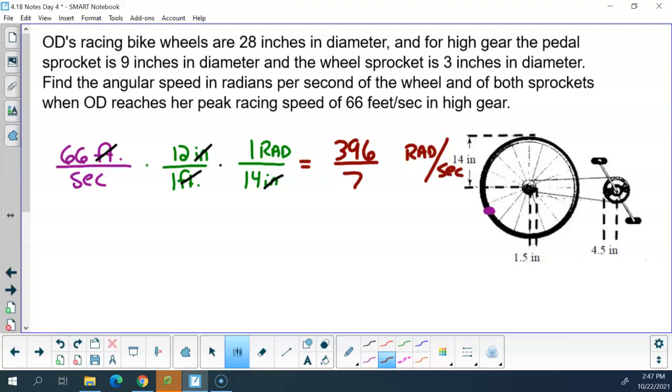And this was the small sprocket and wheel. What would that be in terms of rounding? 56.57? Let's go to 3 decimals: 56.571.